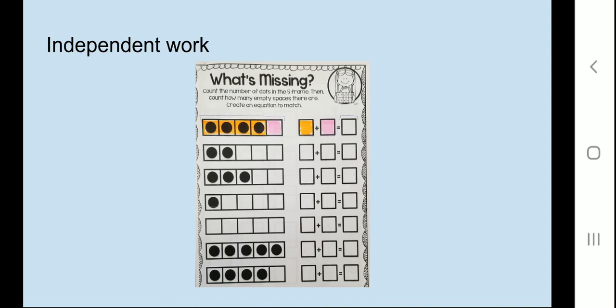How many more counters are needed, or how many blank spaces are there in the 5 frame? You put that number in the pink box. The white box is where you put the total or the whole or all of them. If it's a 5 frame, your total or your whole would be 5.